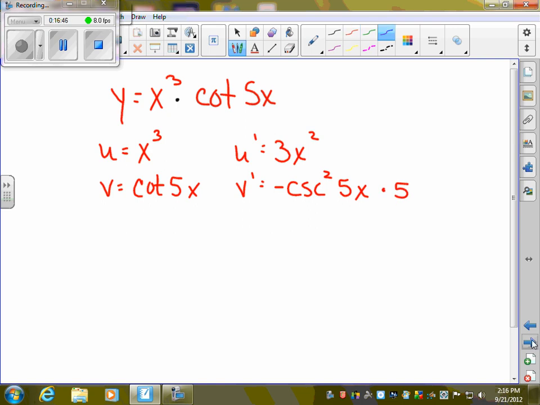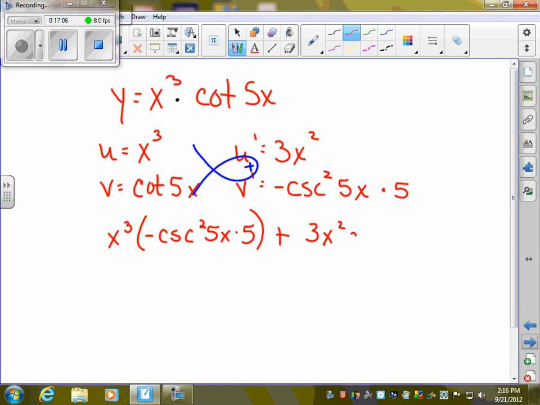And now we do our Jesus fish. So we've got x cubed times negative cosecant squared 5x times 5, plus, then we do our other diagonal, 3x squared cotangent 5x. So let me go ahead and put our 5 and our negative and x cubed in the front.